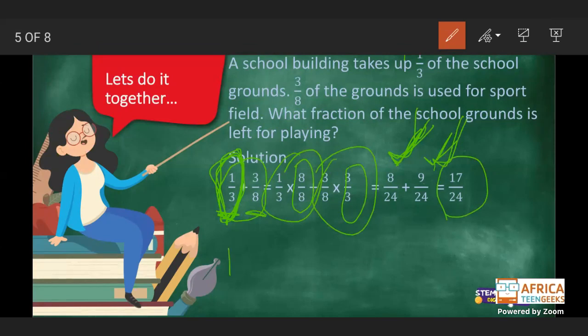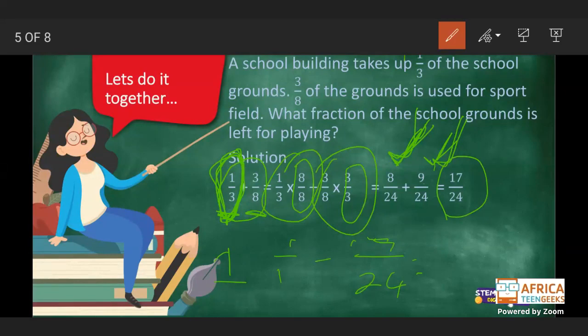So now we need to subtract this from one plot, because we only have one land, which is one plot. So in our fraction, we'll have 1/1 subtract 17/24. And guys, you remember when we are adding and subtracting fractions, we must get our lowest common multiple.